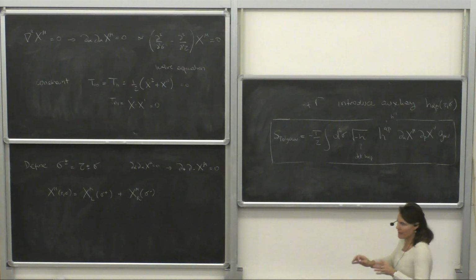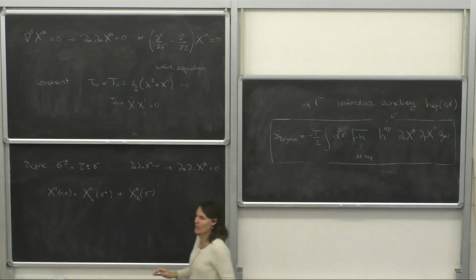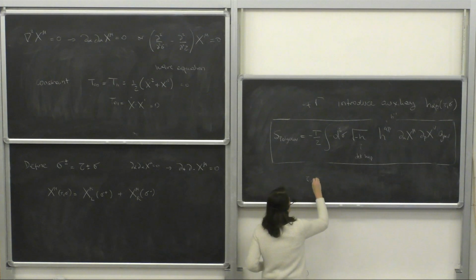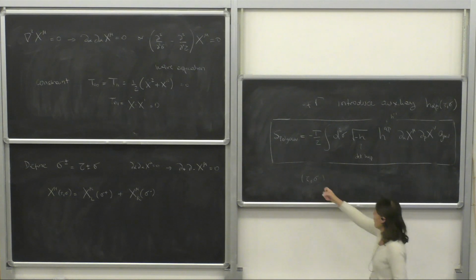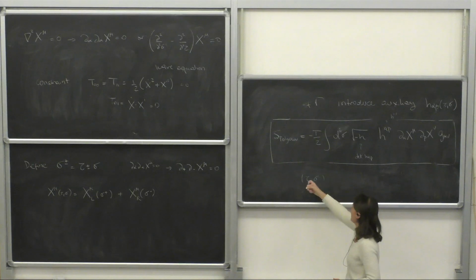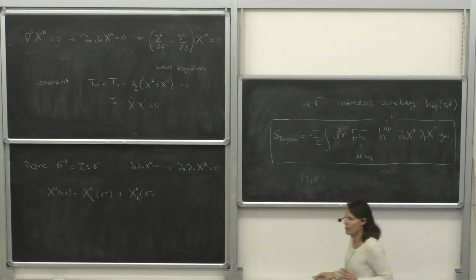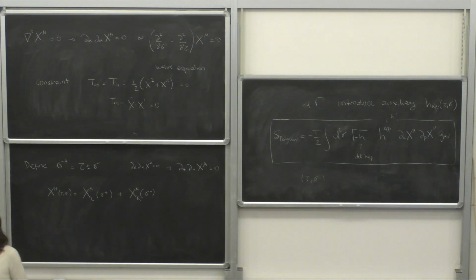And the worksheet is a two-dimensional field theory, and tau and sigma are coordinates on the worksheet, but I want this to have negative signature, and this to have positive signature. Then one can take Euclidean worksheet, which we will do after the break. But this is what I want to do. It's field theory in 2 dimensions, but with signature minus plus.